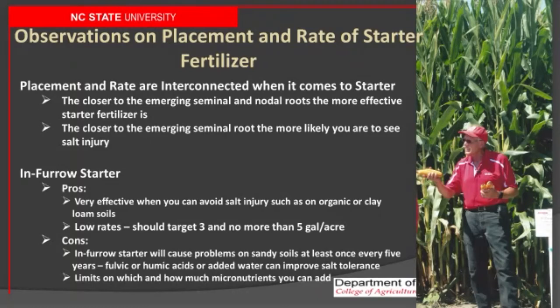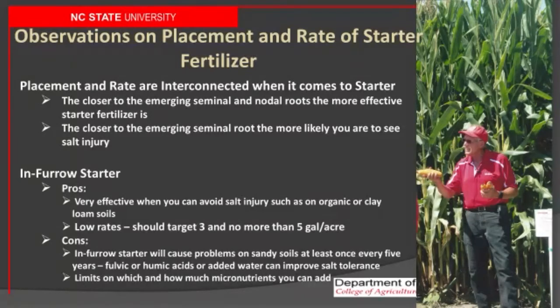So your ideal placement should be above or around the seed so that you're not getting much intersection with the seminal roots, but a good chance of those early nodal roots coming in contact with that fertilizer. And the closer the seminal roots, the more likely they see salt injury. So these are some general principles that you want to think about as you consider how and where to place, and how much fertilizer to place, at starter.